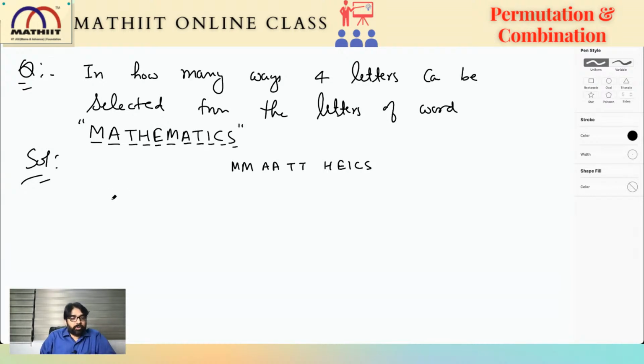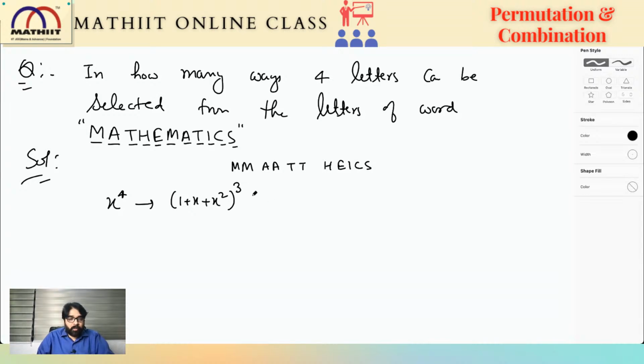I want 4, so it means I want the x power 4 coefficient. Where? Let's make the brackets. Bracket of M, 1 plus x square, because 0 M, 1 M, 2 M can happen. Same bracket for this, and same bracket means multiplication: 1 plus x square into 1 plus x square, or we can say power 3.